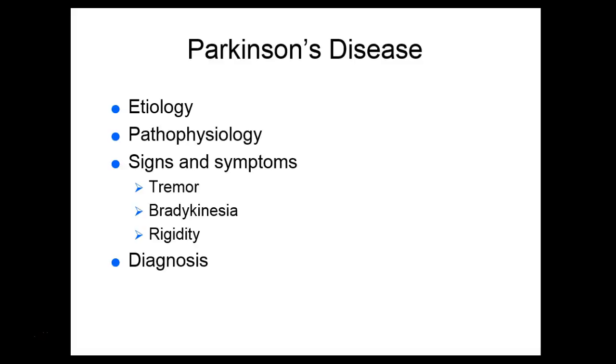The diagnosis is made based on the symptoms. Usually any lab tests are within normal ranges. If an MRI is done, it's done to rule out other neurological disorders. So the diagnosis is based mostly on symptoms.